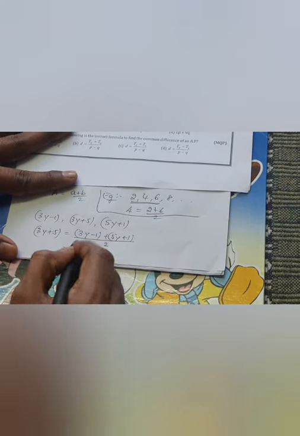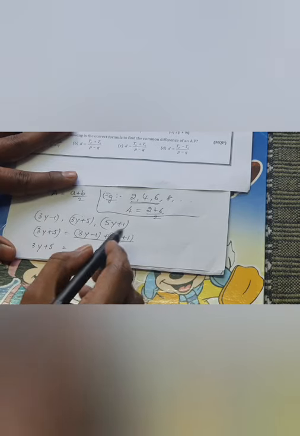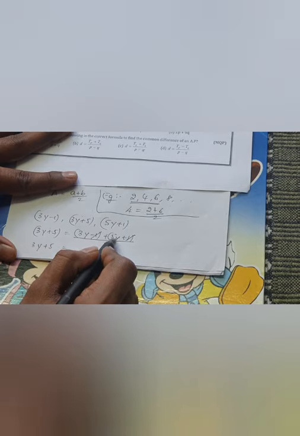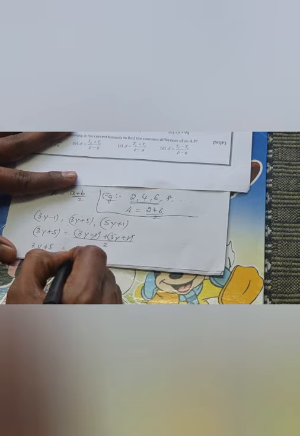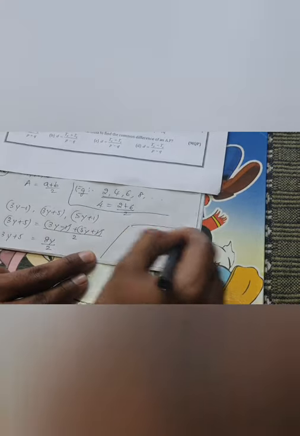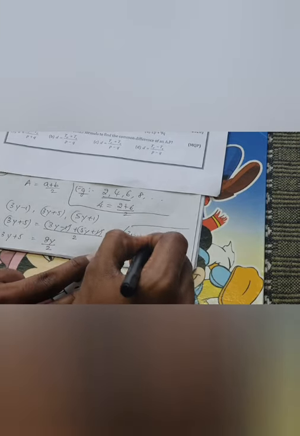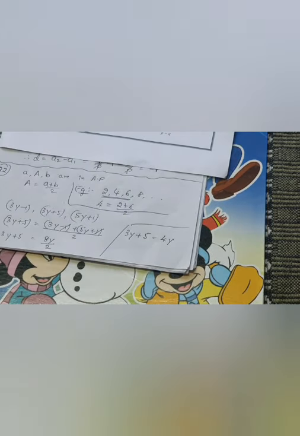So 3y plus 5 is equal to, now minus 1 plus 1 gets cancelled. 3y plus 5y is 8y divided by 2, which gives you 4y. So I have 3y plus 5 is equal to 4y.